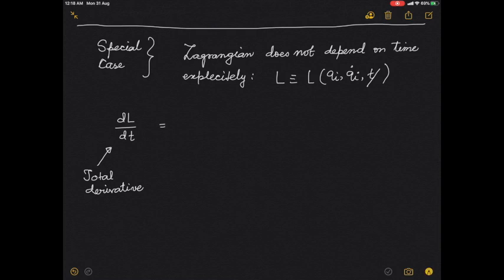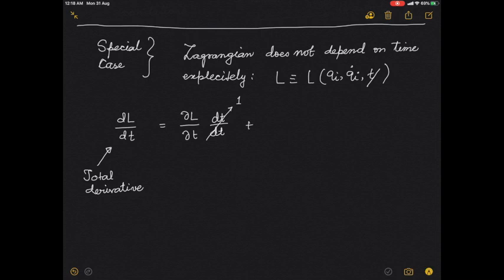That may be just because L is explicitly dependent on time, so I can have a change of L with respect to time, ∂L/∂t, and then I should write dt/dt over here, but that is just 1.